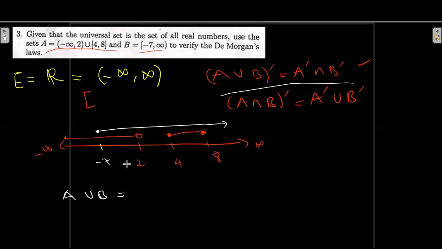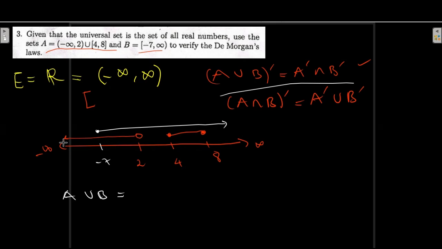A union B means bring everything that is in A and in what? In B, bring them together. So here, my A runs from negative infinity to 2, then uniting with 4 and 8. Then my B runs from -7 all the way up to infinity.